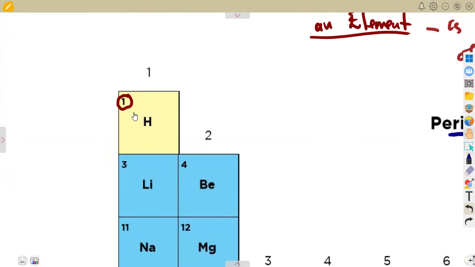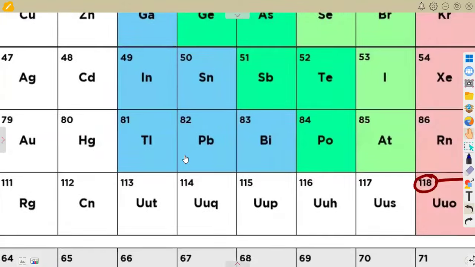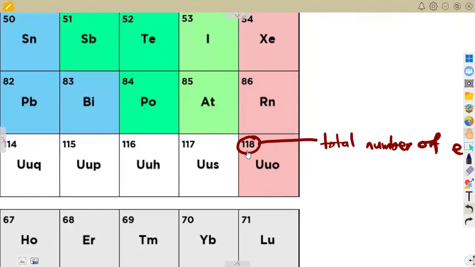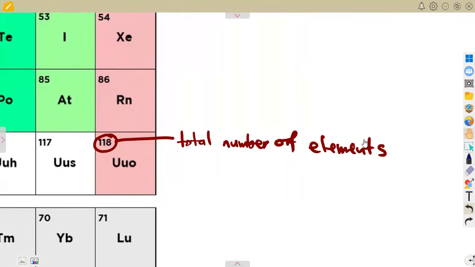We start with the first one, which is the lightest element that we have. We are considering all the elements, all to the last one at 118, making up a total of 118 elements on Earth that we are going to work with.